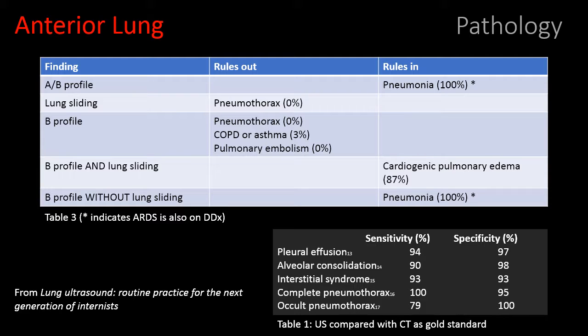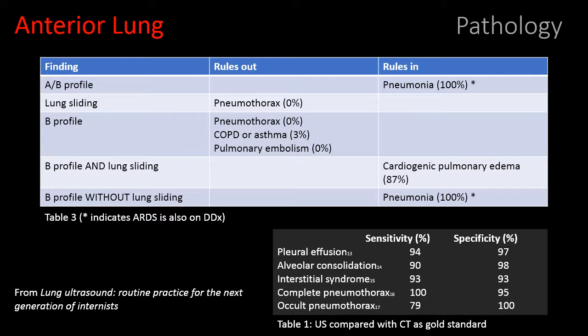Now, if you have a B profile and you have lung sliding, then this really pushes us towards more of a cardiogenic pulmonary edema. And the reason is, if you contrast that with a B profile without lung sliding, that's usually caused by some inflammation that's causing the pleura, the parietal and parenchymal pleura, to kind of stick together.